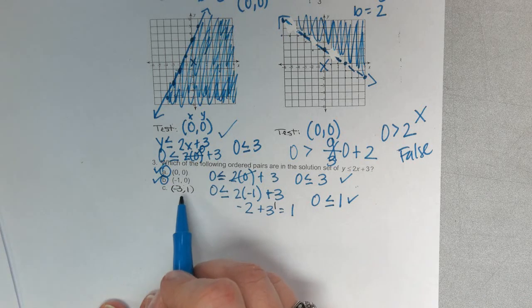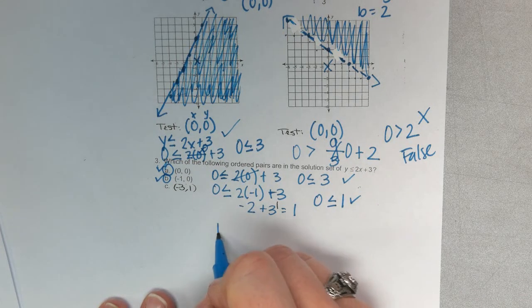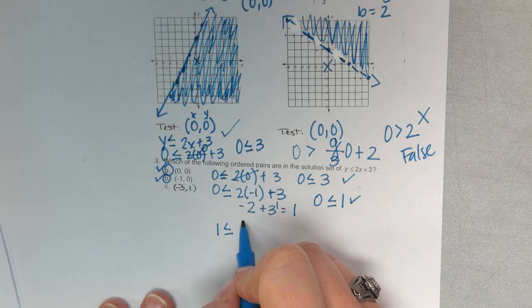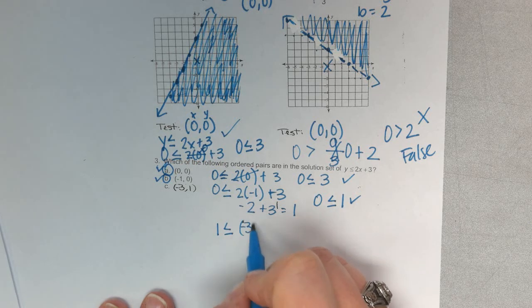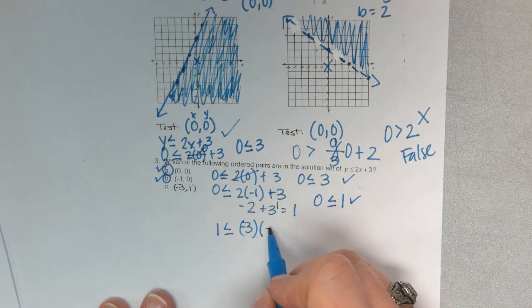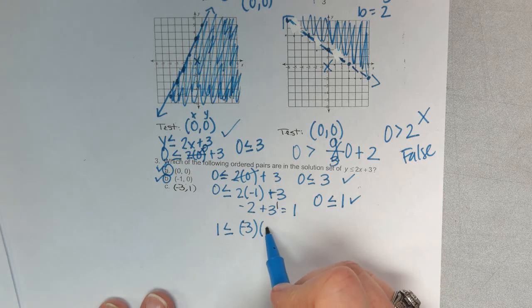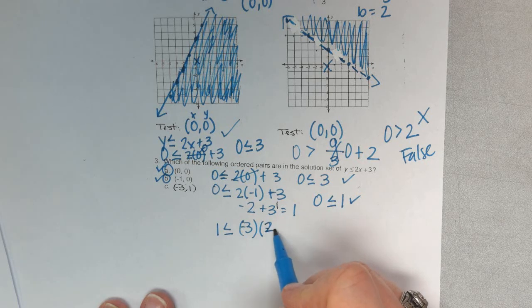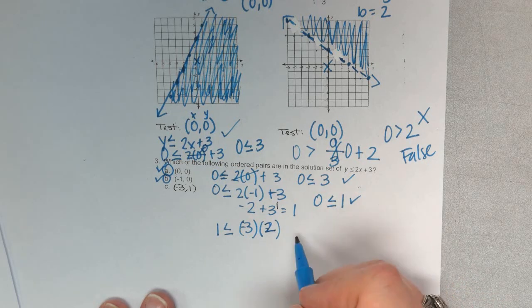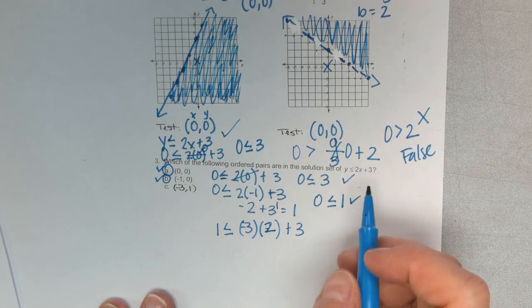Let's try negative 3, 1. 1 is less than or equal to negative 3 times 2, really is what it should have been. I should have had the 2 first. Plus 3.